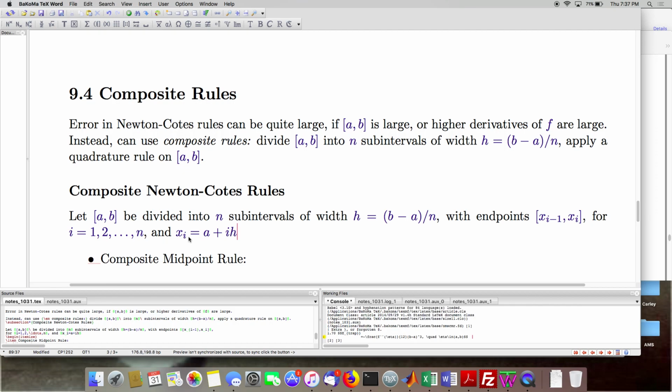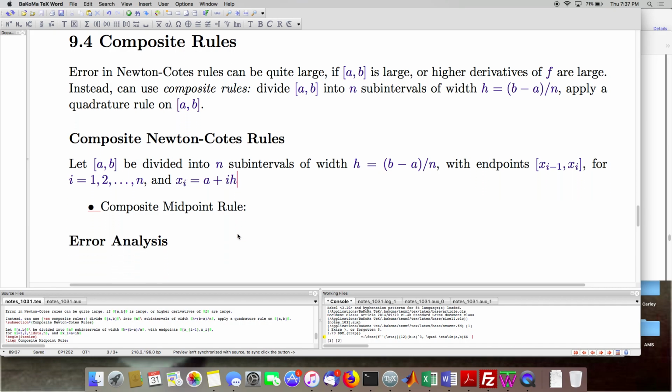So these are the nodes that we're going to use, a plus ih. So x0 is the left endpoint. x0 is equal to a, and xn is equal to b. And then x1, x2, x3, and so forth are the points in between, separated with spacing h.